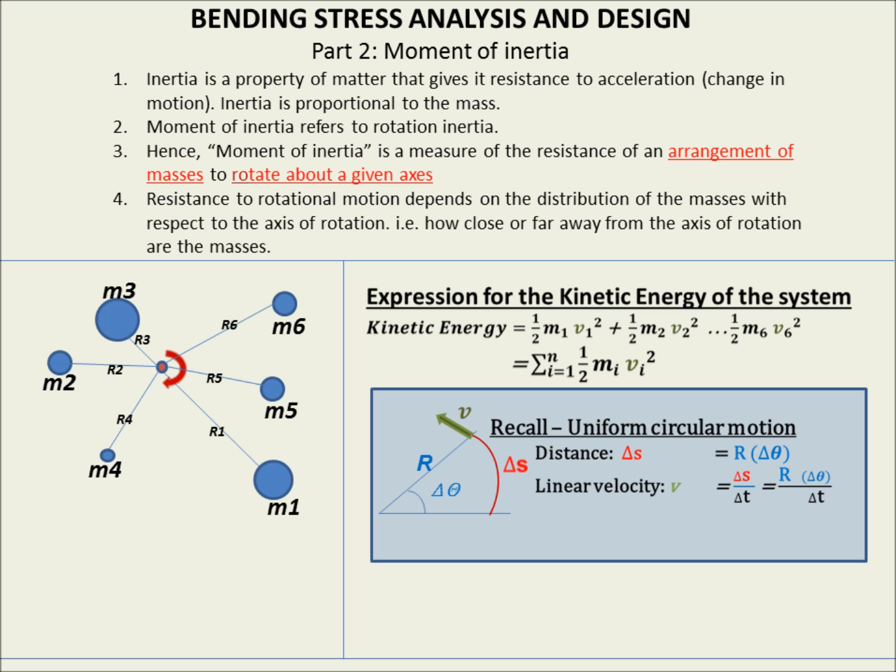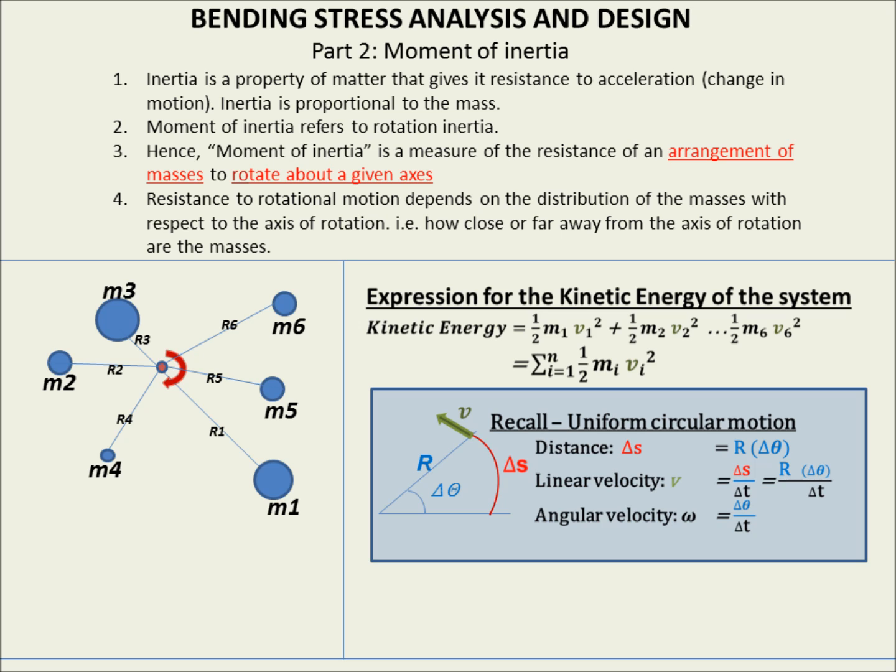Now, angular velocity comes in. Angular velocity omega is the rate of change of angle with time, radians per second, degrees per second, right? Revolutions per minute, RPM. So that's delta theta divided by delta t. We notice here in our expression for linear velocity, r delta theta divided by delta t, we have angular velocity, delta theta over delta t.